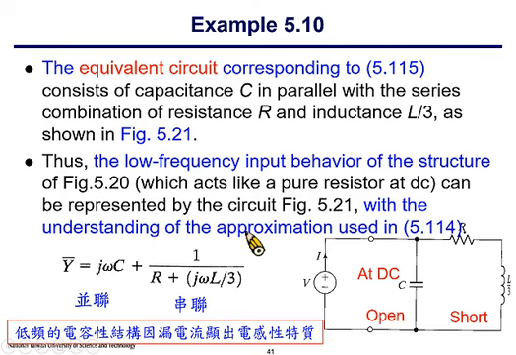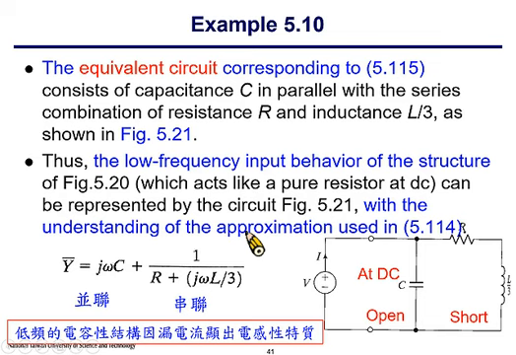So using the relationship of the admittance, that is J omega C plus 1 over R plus J omega L over C, you can draw the equivalent circuit for this parallel plate capacitor. And the schematics also reveal that the presence of R and L over 3, the inductance and the resistance, are due to the conductivity of the dielectric.